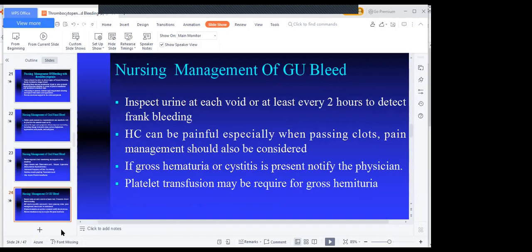And for GU bleed, inspect urine at each void or at least every 2 hours to detect frank bleeding. Cystitis can be painful, especially when passing clots. Pain management should also be considered. If gross hematuria or cystitis is present, notify the physician, and platelet transfusion may be required for gross hematuria.